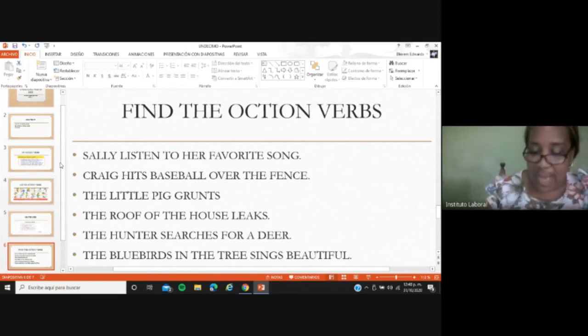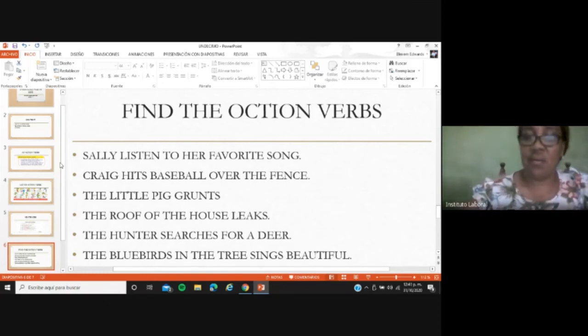Okay, below we have 3 pictures. We have picture number 1, picture number 2, and picture number 3. We want to find the action verb of each picture. How do we make the first sentence looking at the picture? What is the person doing?